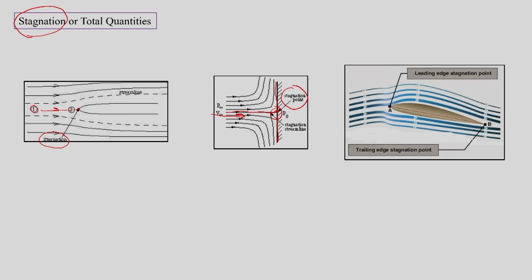Similarly, there is flow over an aerofoil where initially the streamline becomes stagnant, or gets terminated, at this point. This is the leading edge stagnation point, and when the two streamlines meet over here, we have a second stagnation point, which is the trailing edge stagnation point. So practically, stagnate means that the velocity of the flow is 0.